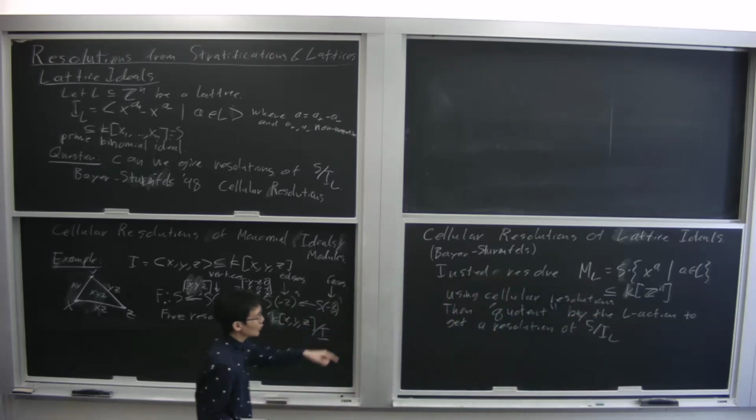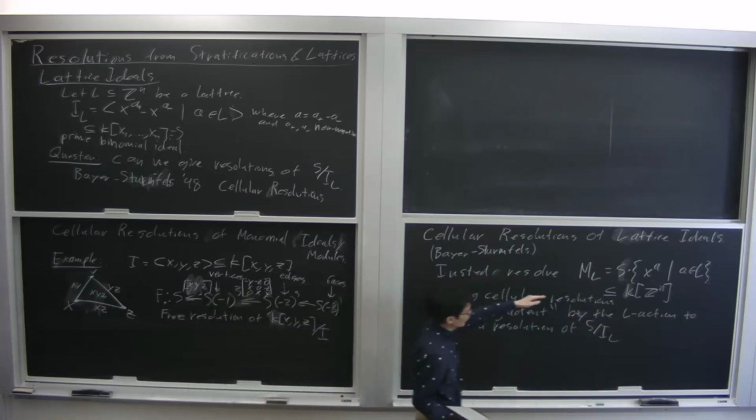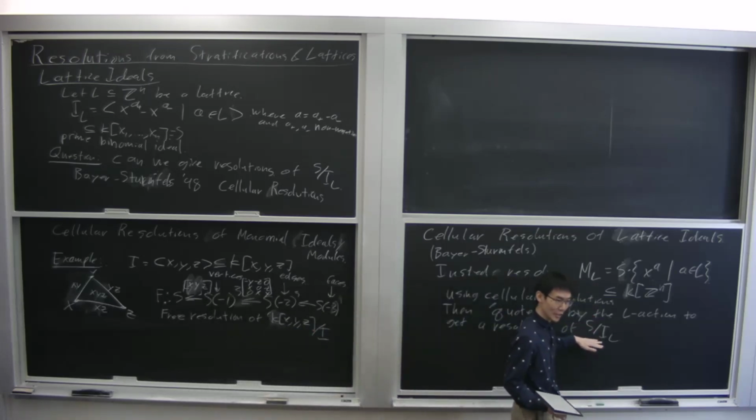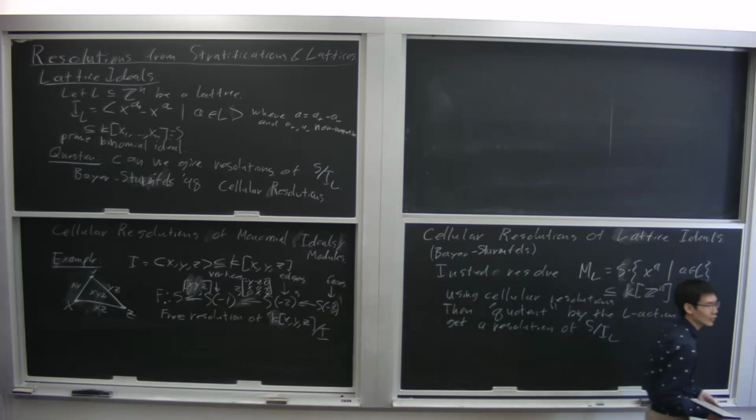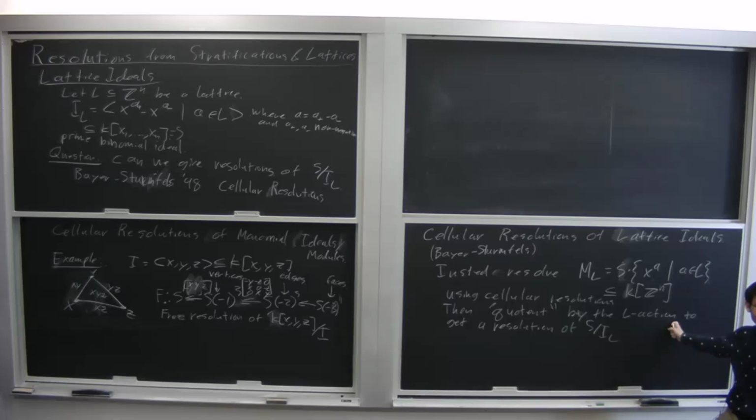And so in this way, your module that you resolved becomes the module that you want to resolve. And you have to worry about, did I mess up the resolution? Is it still a resolution after I do that? Or did it become some arbitrary complex? And this is what Bayer-Sturmfels did. They verified that yes, this quotient by L operation, which they phrase as a tensor, does in fact preserve the complex, does in fact give you a resolution if you start with a resolution.